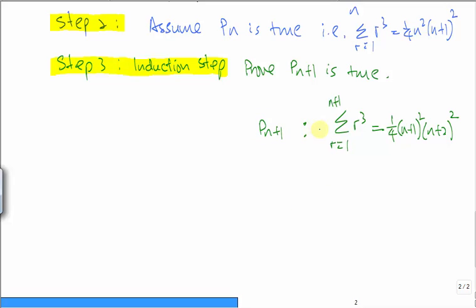I would like to prove from the left hand side of the expression, because it's an expression that we can simplify further. So I start to prove from the left hand side.